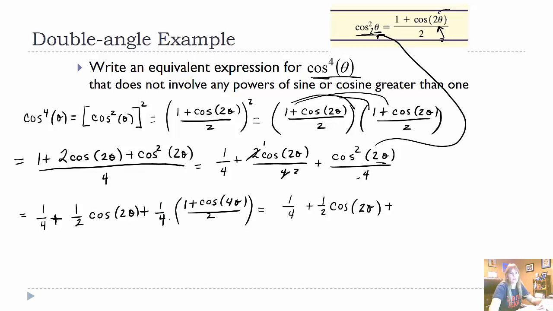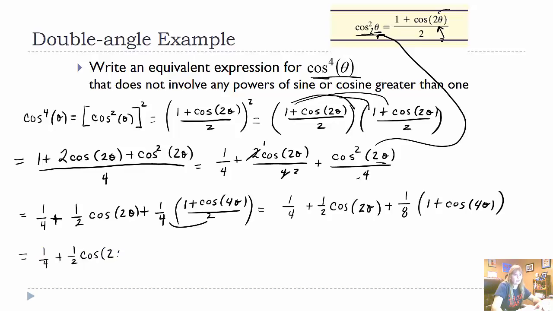All right, and continuing right along, I have the 1/4 plus 1/2 cosine of 2 theta. I'm going to distribute this out and then separate my fractions. So you'll see I'll have 1/8, and then inside the 1 plus cosine 4 theta. And then I have my 1/4 plus 1/2 cosine 2 theta. You see the last term is really the only one I'm messing around with. Distributing this out now, plus 1/8 plus 1/8 cosine 4 theta.